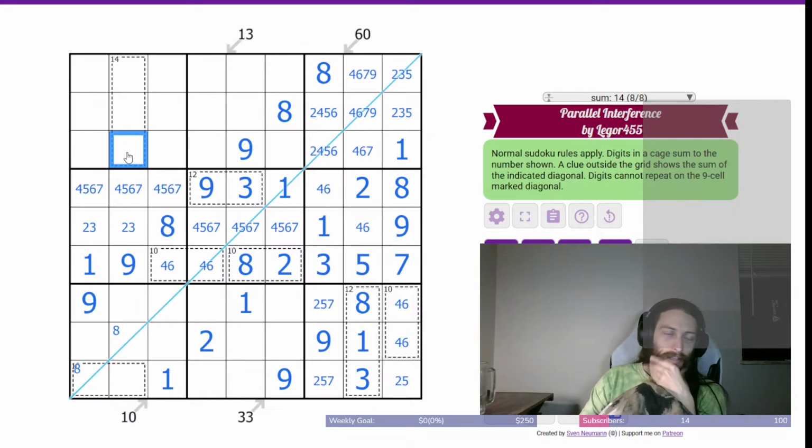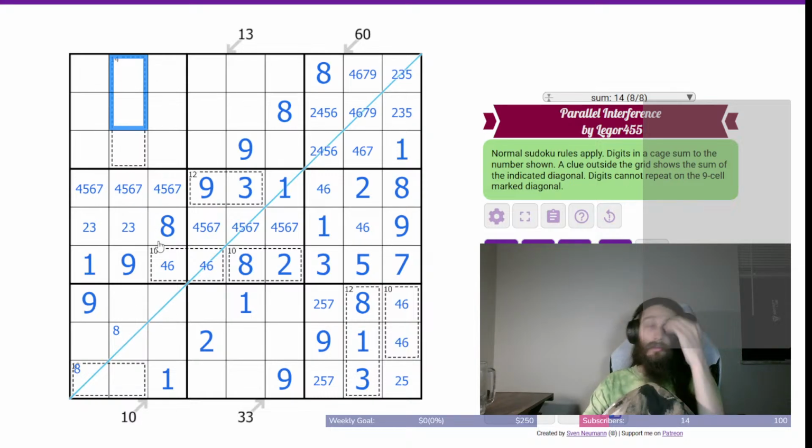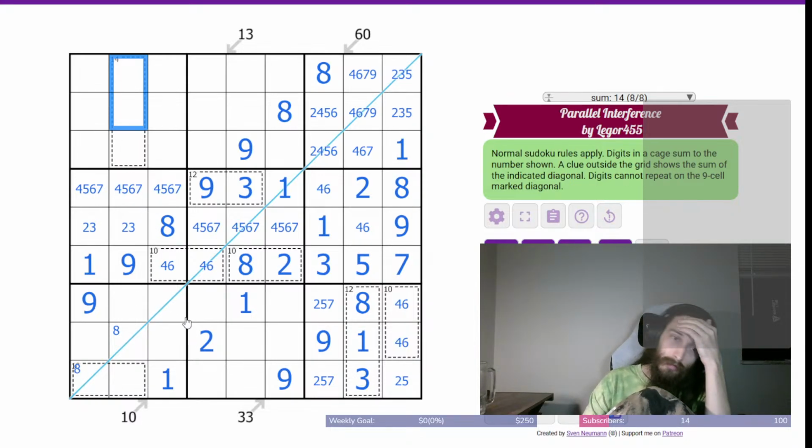If this were an 8, I would need 6 left over. It would have to be 1, 5. I don't see a reason why that's not allowed. Because that's an 8, that's an 8, that's a 2. You can't 2, 4. Right.